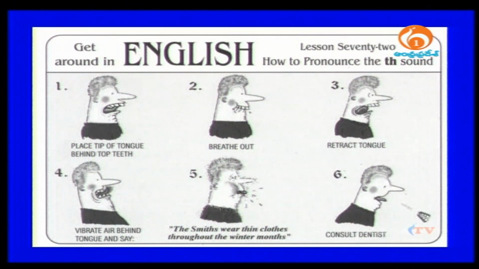This is just a cartoon figure to make us all smile. We are talking about so many sounds one after the other. It can get a little boring, can't it? Well, over here you can see how this gentleman is trying to get his th right. So he places the tip of the tongue just behind or between the teeth.